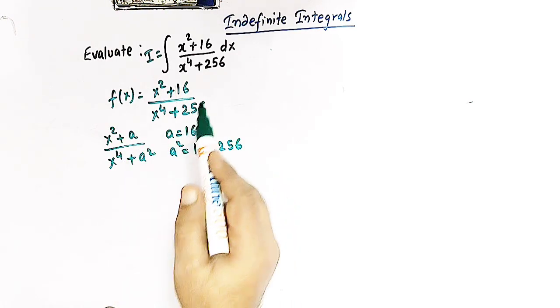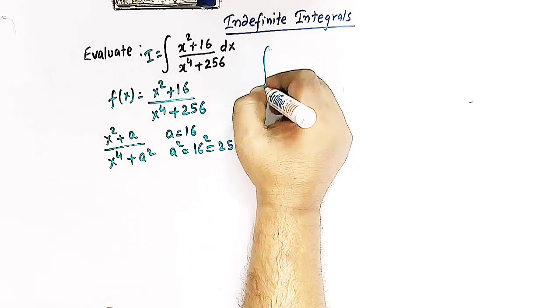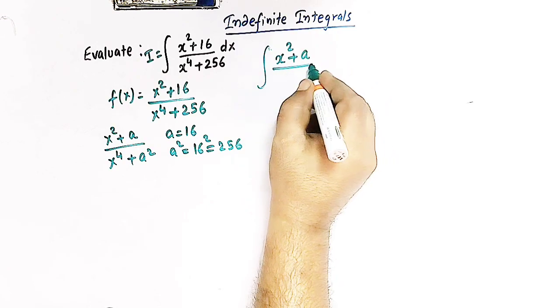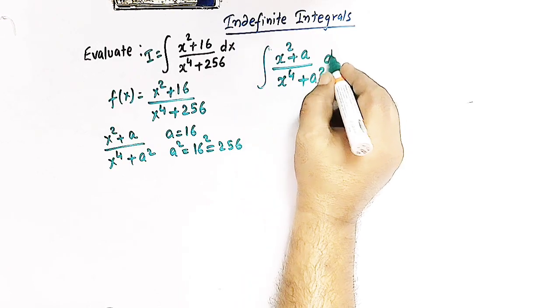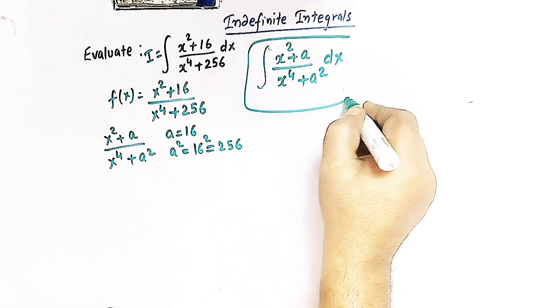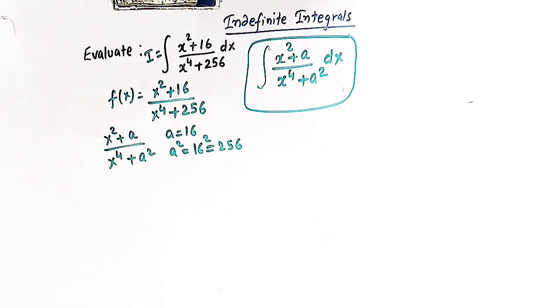So we can claim that this integral is of the form x square plus a divided by x raised to 4 plus a square dx. So we'll see in this session how we can evaluate integrals of this type.